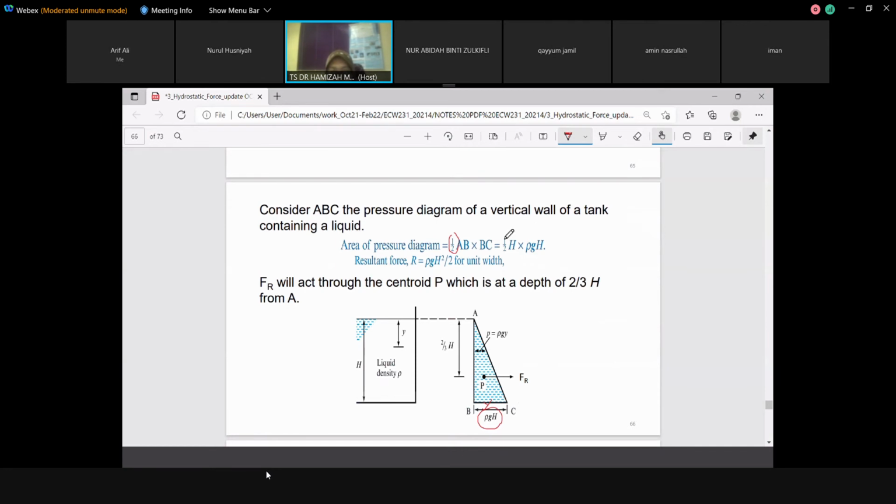Okay, BC ni adalah represent by rho GH because we measure pressure at the bottom of the liquid. Okay, so the formula is half rho GH times H.